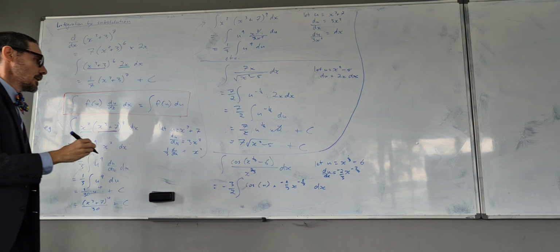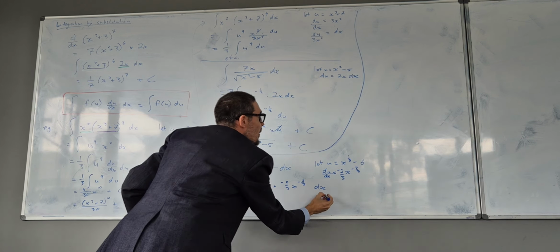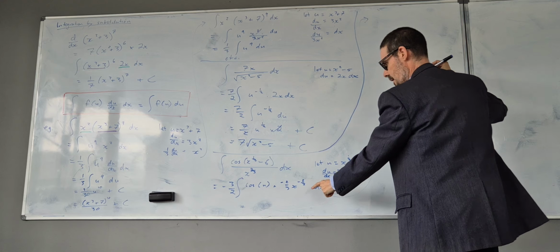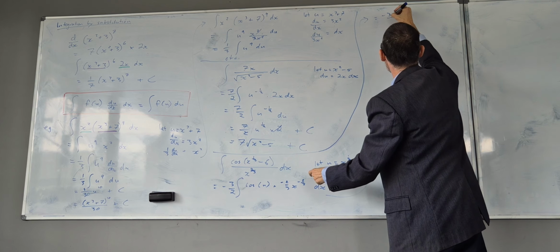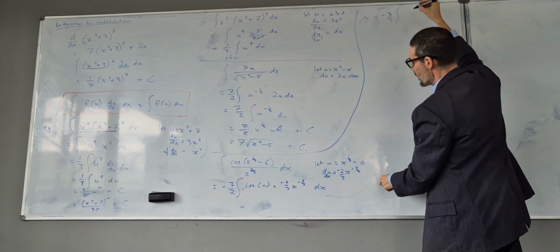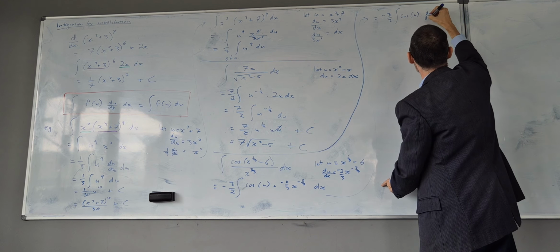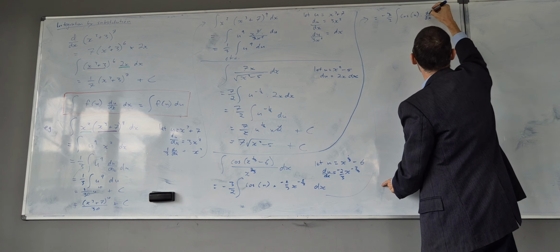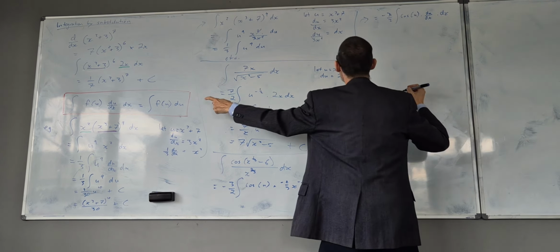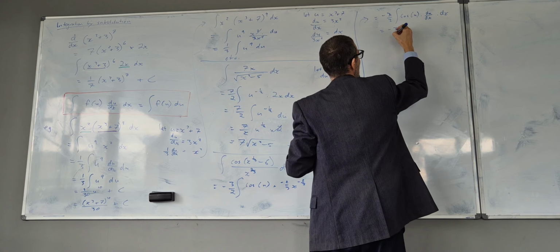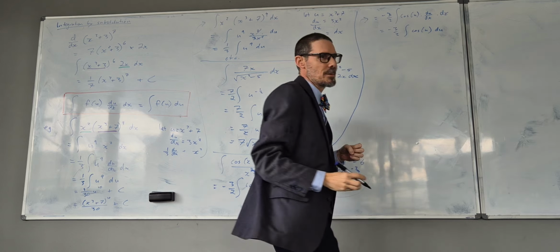Now I have negative 3 on 2 integral of cos u du dx dx, which by my rule is negative 3 on 2 integral of cos u du.